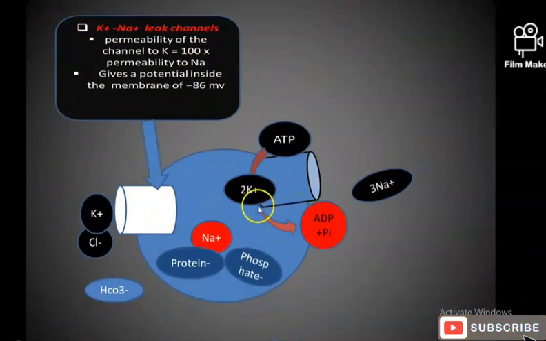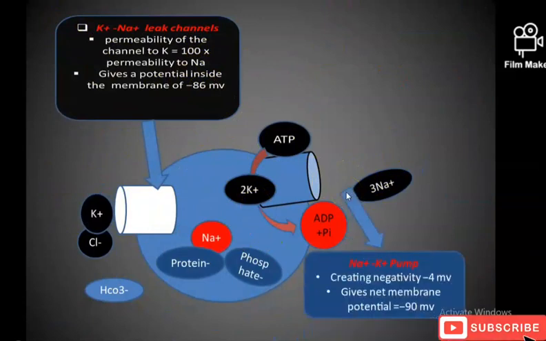So one net positive charge moves from the inside to the outside, creating a relatively negative environment of about minus 4 millivolts. The minus 4 millivolts created by the sodium potassium pump and the minus 86 millivolts created by the potassium sodium leak channel create a resting membrane potential of minus 90 millivolts.